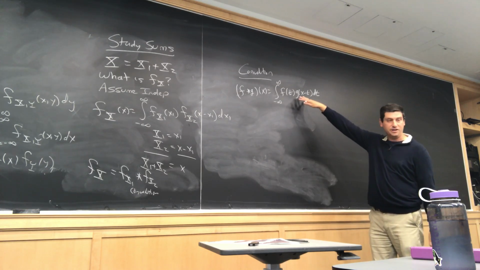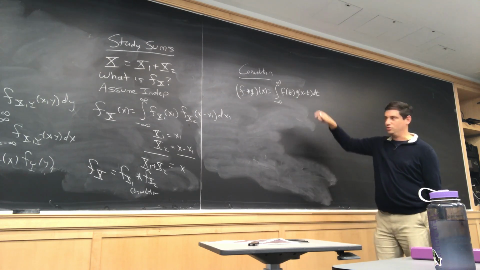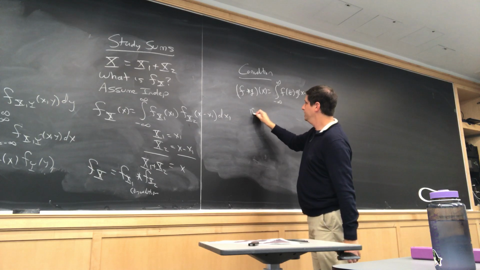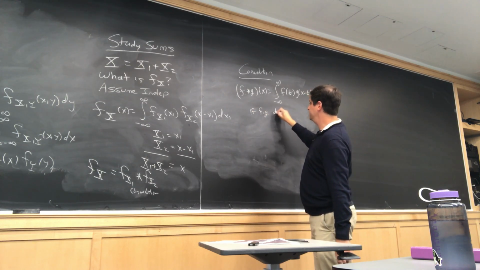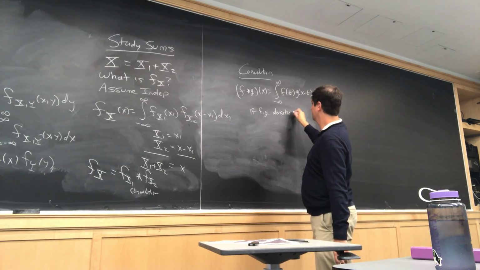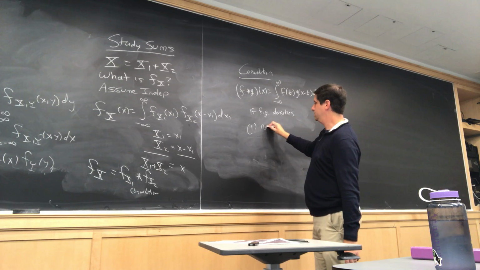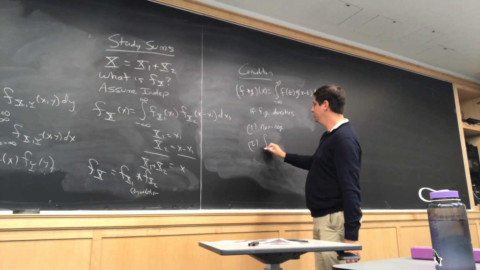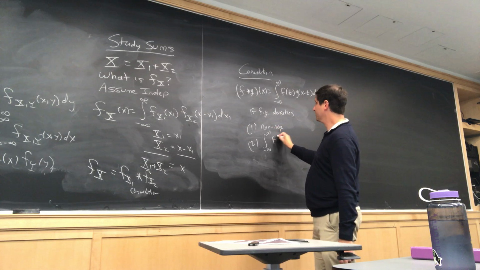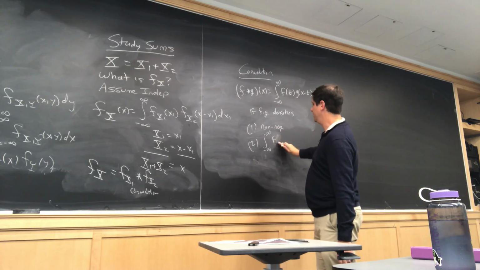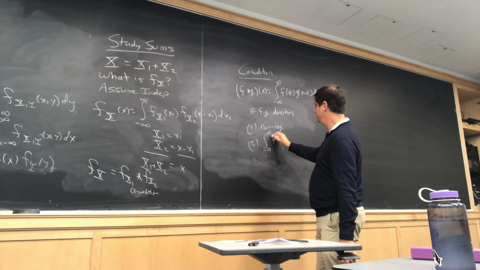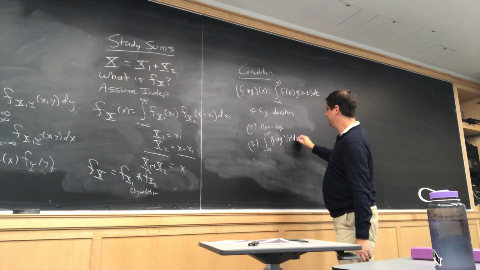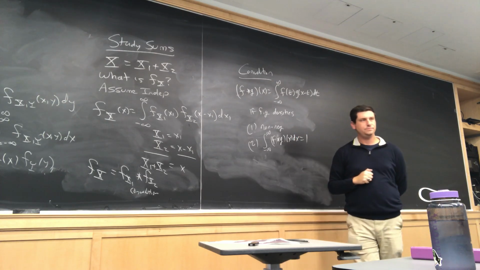It's clearly non-negative, because these are non-negative. So if f and g are densities, then it's clearly non-negative, and the integral from minus infinity to infinity of f star g of x dx equals 1.